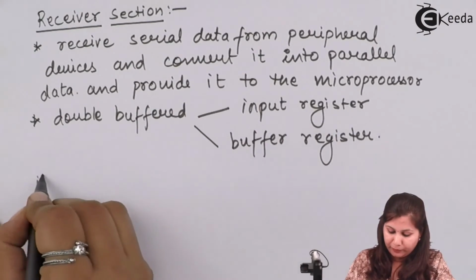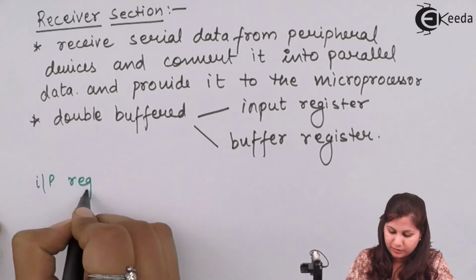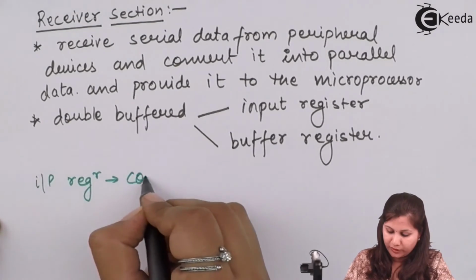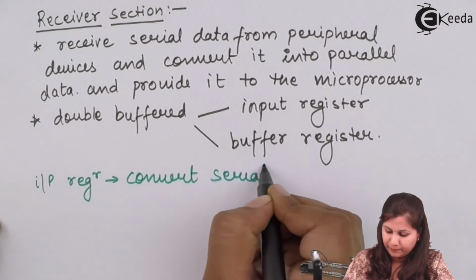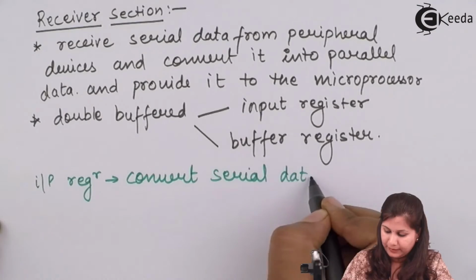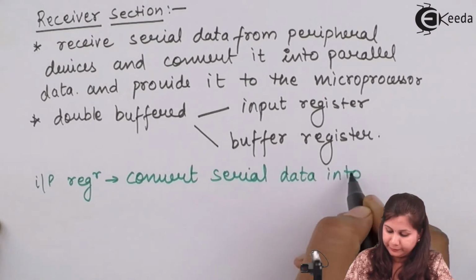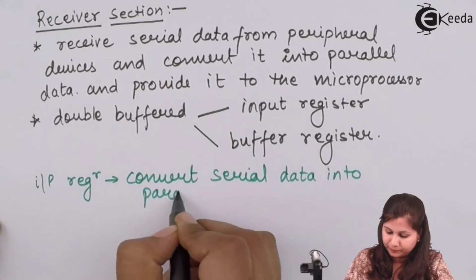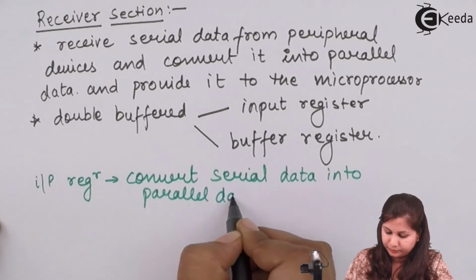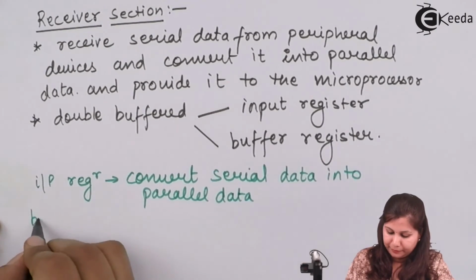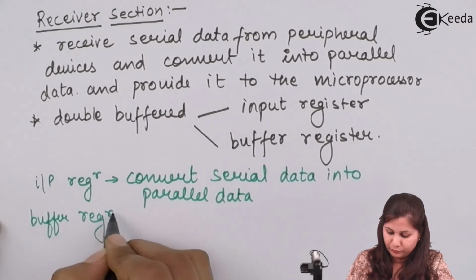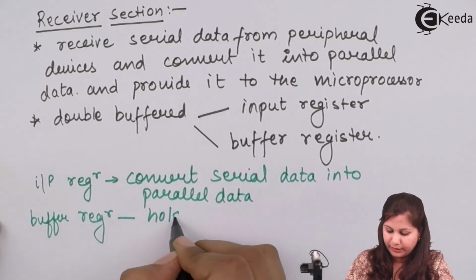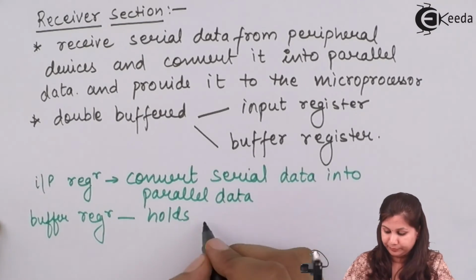The function of the input register is to convert serial data into parallel data, and the buffer register holds the parallel data.